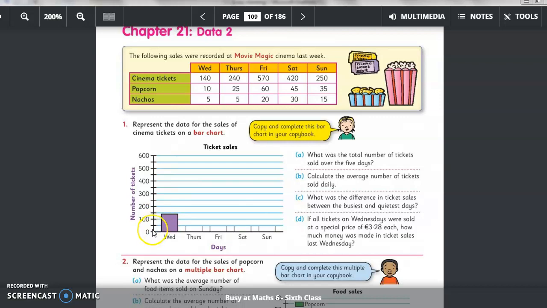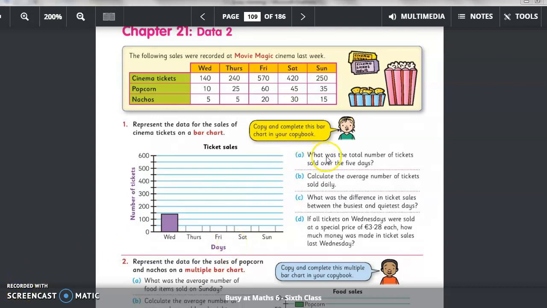So each mark from here to here is worth 100, from here to here is worth 200, from here to here it's halfway, so that would be 250, 300, 350, 400, and so on. So that's known as scale. Now with a bar chart, you'll have the numbers up the side here, and along the bottom you'll have whatever we're talking about. In this case it's days.